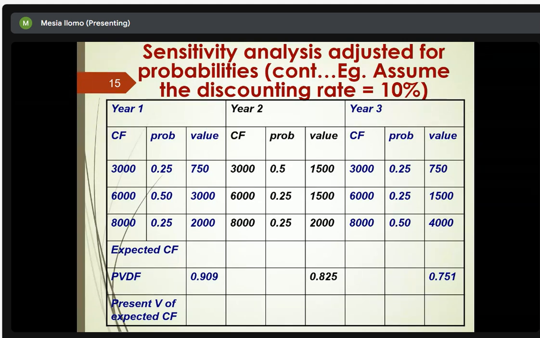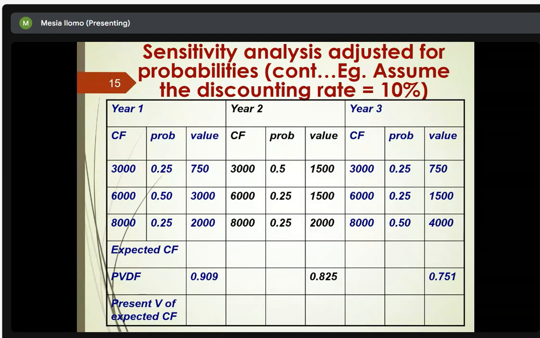So what do you do then? For year 1, because you have multiplied the cash flow with the probabilities, now you have to obtain what we call the expected cash flow. The expected cash flow is obtained by adding the expected cash flow for the worst case, most likely, plus the best case.